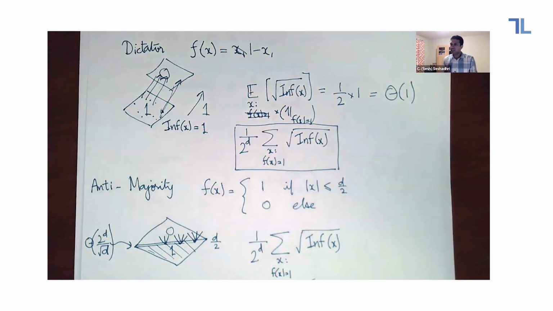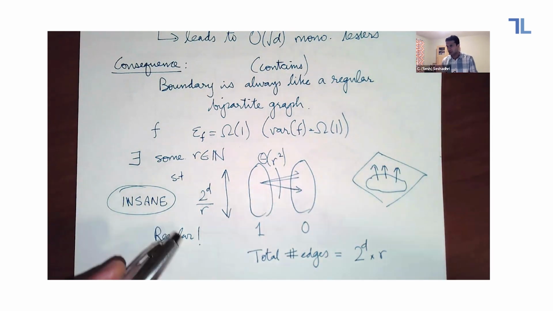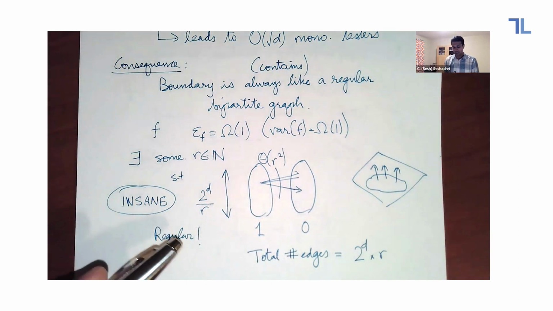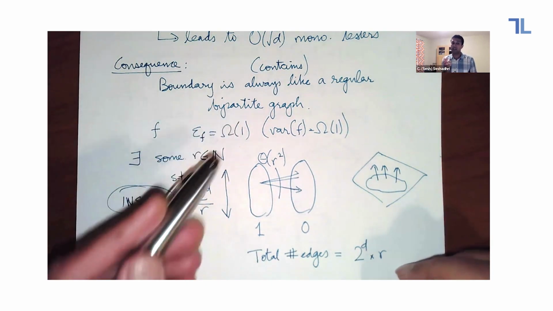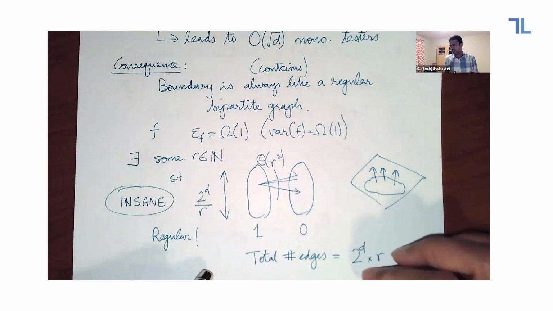What the directed robust Talagrand inequality implies, and you need this notion of robustness here, but keeping that definition aside, the consequence is the boundary always contains a regular bipartite graph with the most optimal parameters you could hope for. And so that's very surprising that should be true.